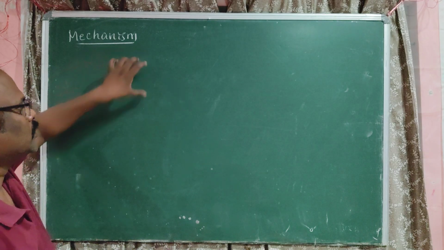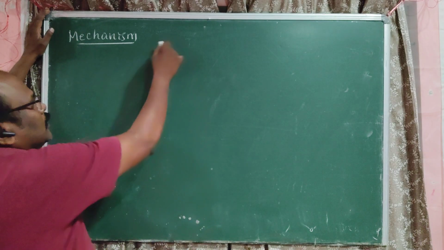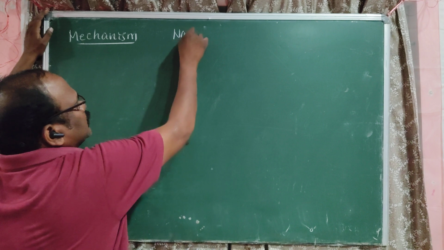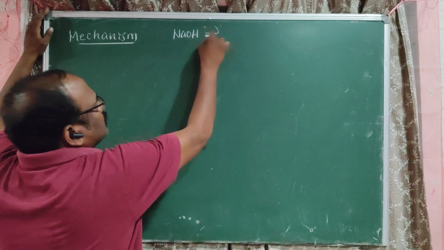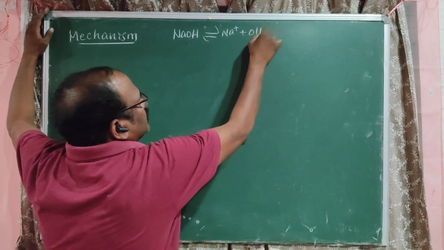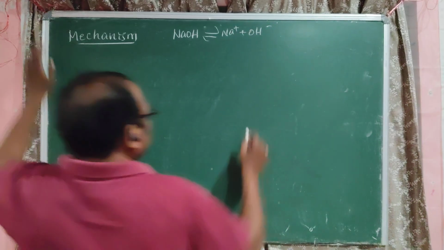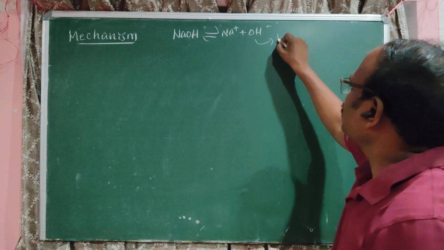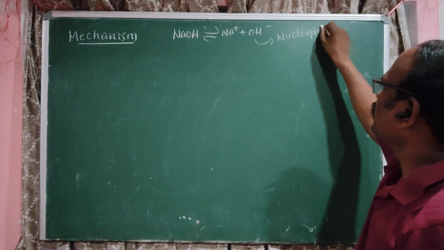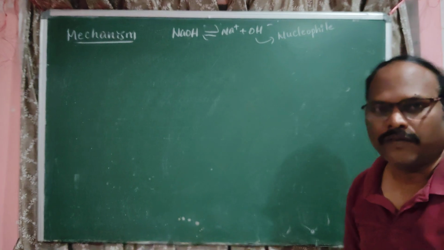I am explaining the process of the reaction. Initially, the base is dissociated as Na plus and OH minus ions. Here, this is the nucleophile. A negatively charged species is called a nucleophile.